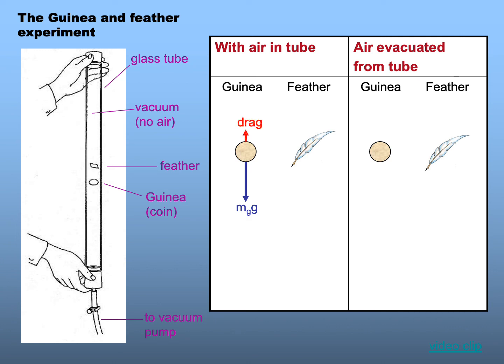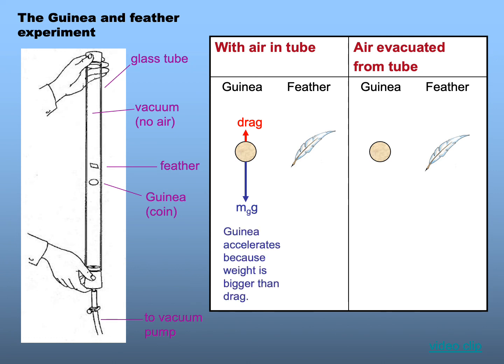The important thing here is, because the guinea is made of metal and it's quite dense, it's got quite a big weight, but because it's not that big, it doesn't really have much drag. So small drag force and quite big weight force. The weight force is clearly bigger than the drag here, so there will indeed be an acceleration downwards, which will be close to 9.8 meters per second squared.